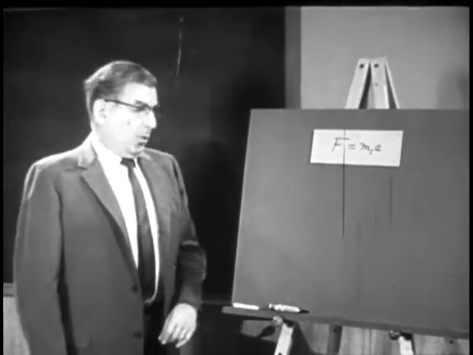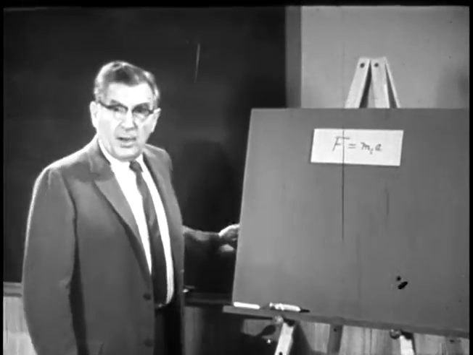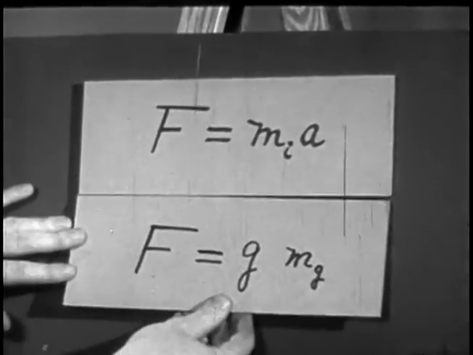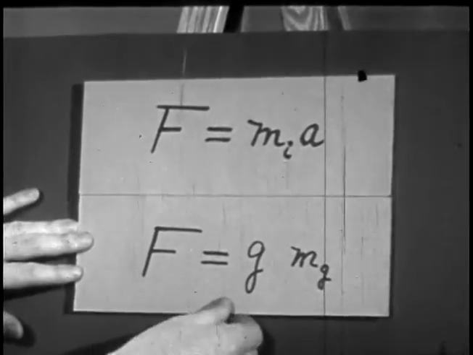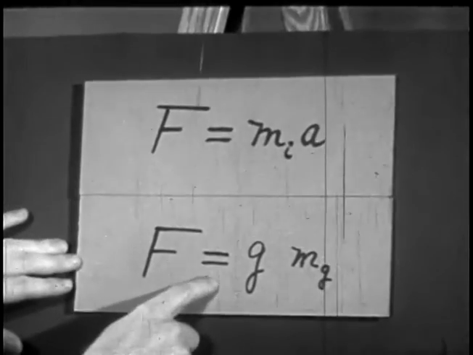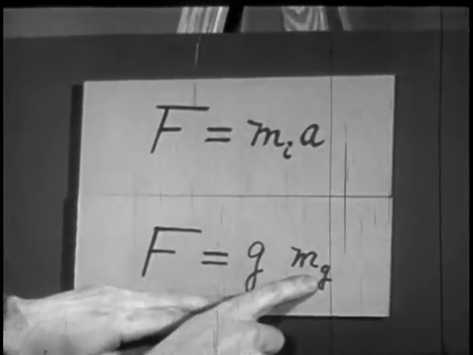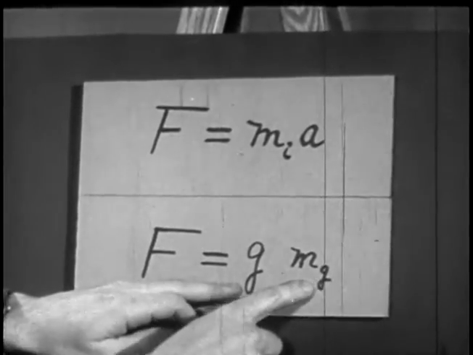If we write this proportionality in the form of an equation, it looks like this. Gravitational force is equal to a proportionality constant g times the gravitational mass of the body which is being pulled.